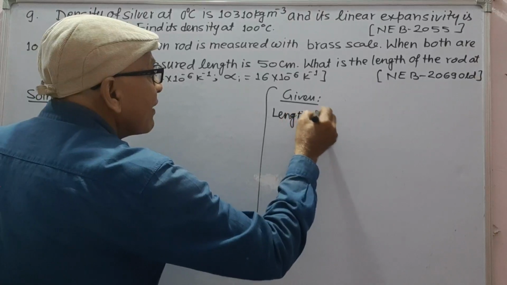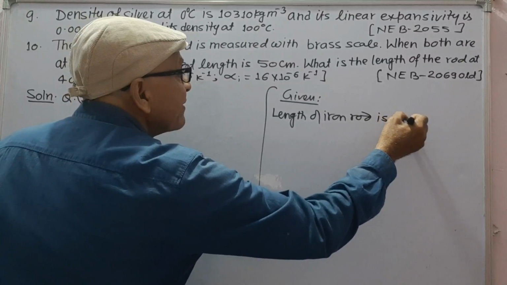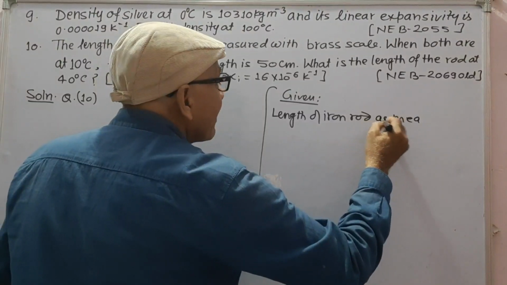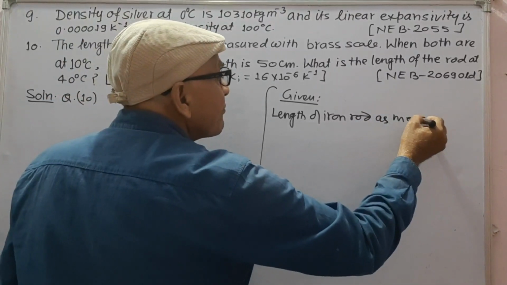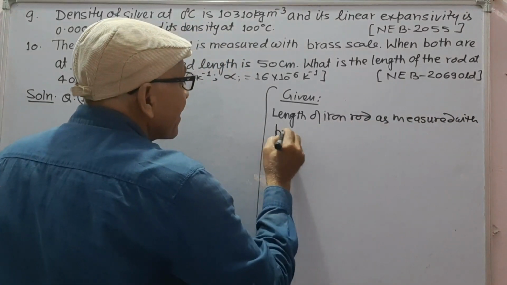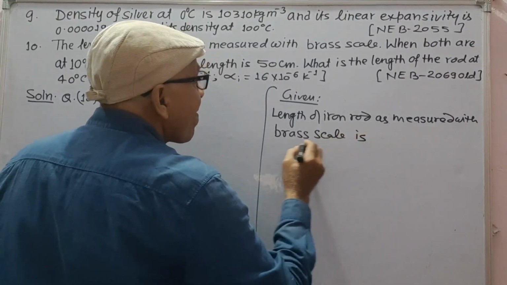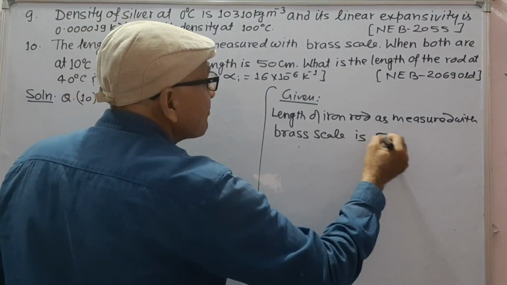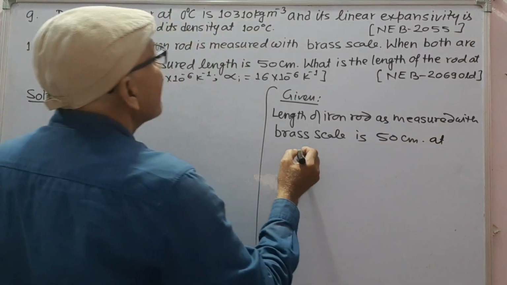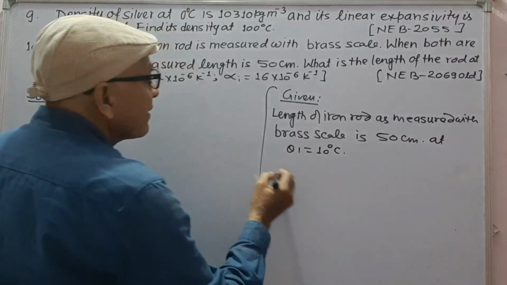Length of iron rod as measured with brass scale is 50 cm at theta 1 is equal to 10 degree Celsius.